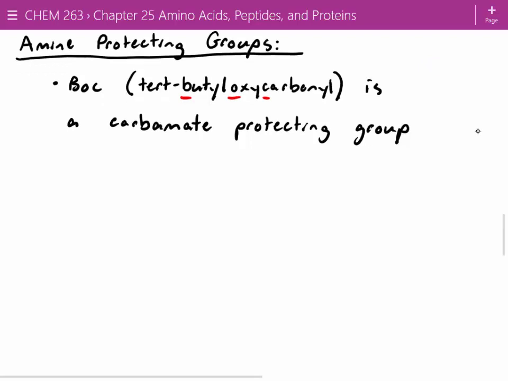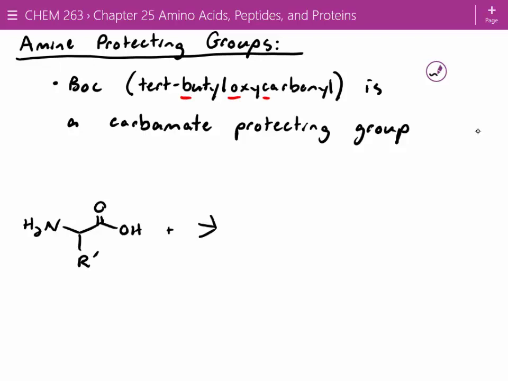And the way we install it is we take our amino acid and it has that side chain coming off of it. And there's a variety of different reagents to put a Boc protecting group on. The one the book likes to use is this one. And this is called Boc anhydride.